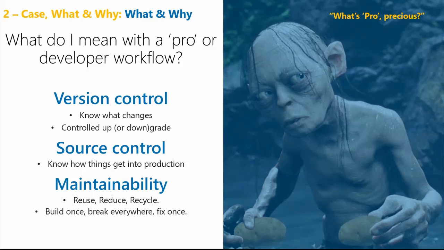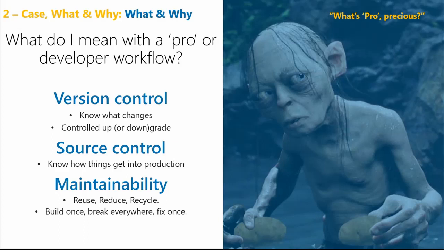Recycle is not so much part of it in this sense, but it's part of the slogan. It's mostly about the reuse and the reduce, which means reuse your code as much as possible. Don't duplicate your code. Don't duplicate your logic, because there's just extra points of failure in your environment.